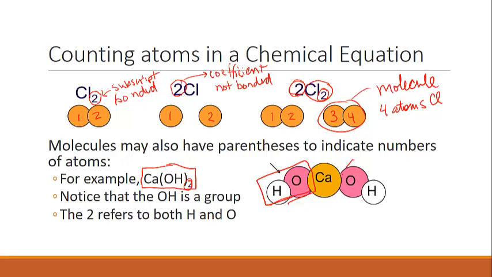So 1 OH here and 1 here. So when we count our numbers of atoms when we have parentheses, that 2 is for all of the elements within the parentheses. So here I have 1 calcium atom, 2 oxygen atoms, and 2 hydrogen atoms.